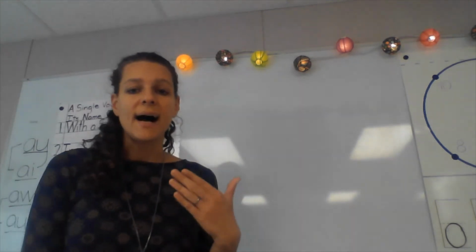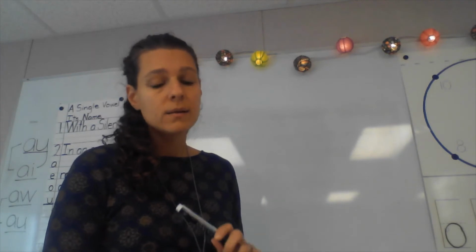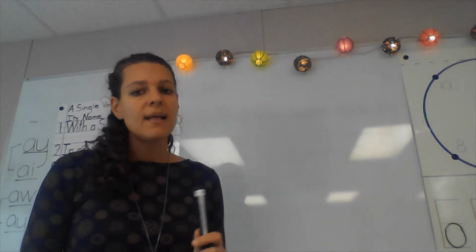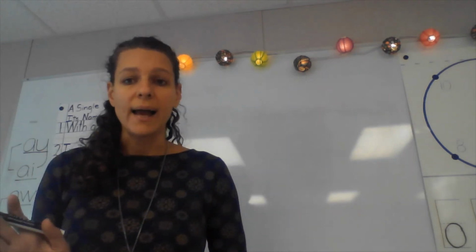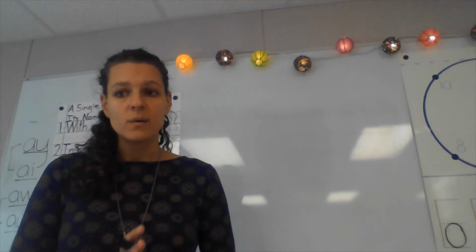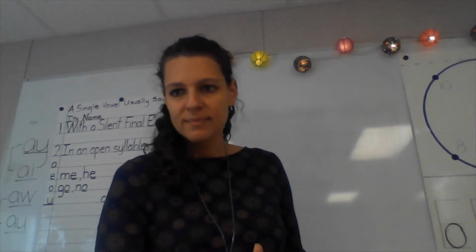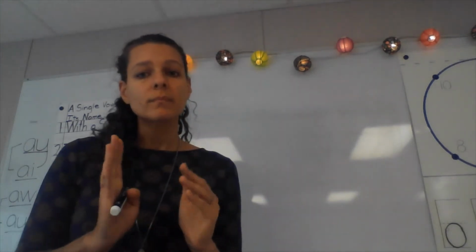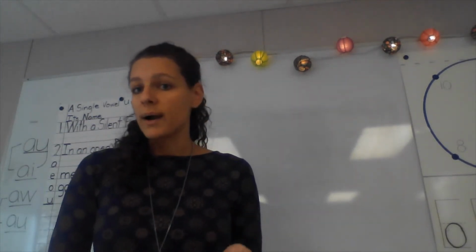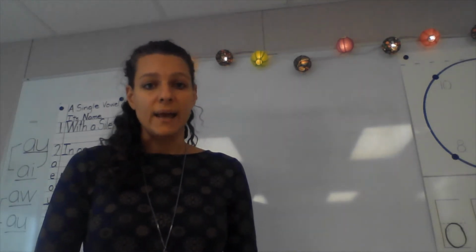So we say I and Y usually say E or I at the end of a syllable. Let's just say that. I and Y usually say E or I at the end of a syllable, but may say it.